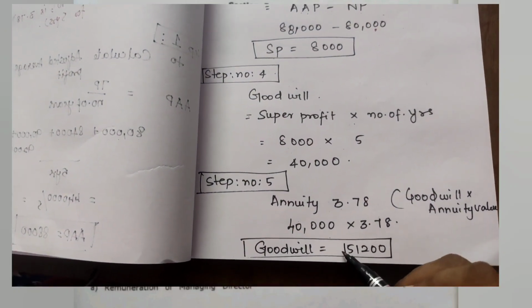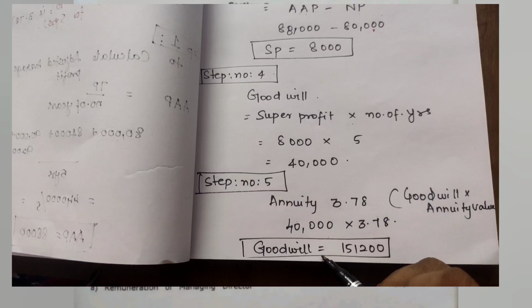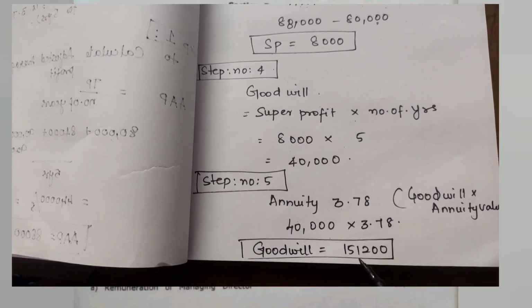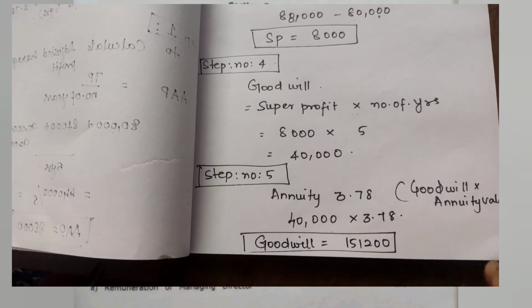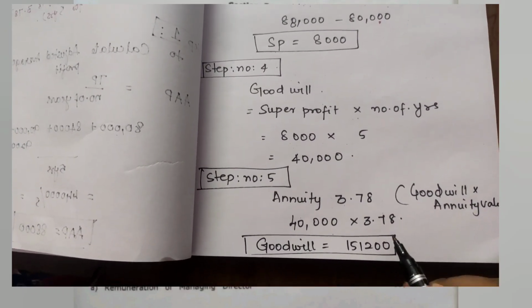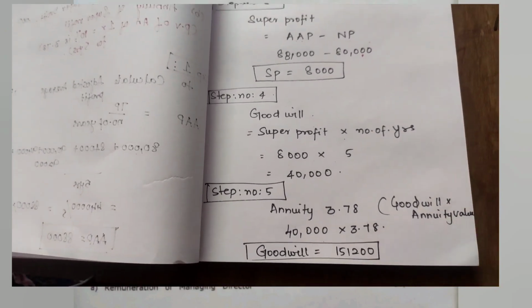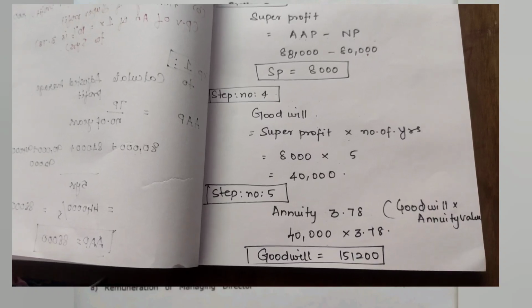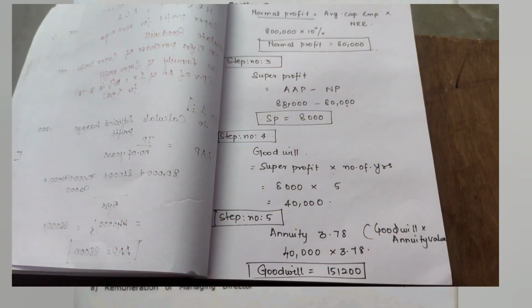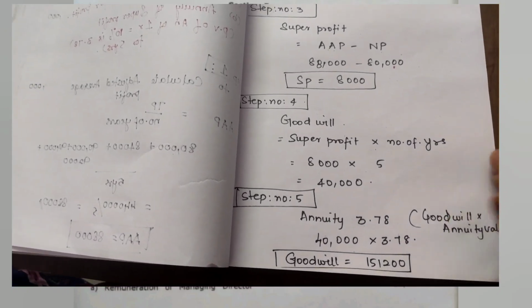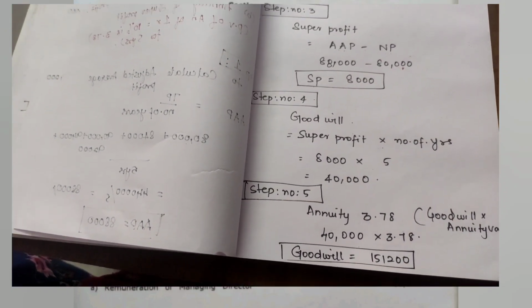When we calculate, we find the goodwill for the next 5 years will be 1,51,200. So this is the goodwill on the basis of our expected next 5 years. So this is what the question answer is. I think this will be helpful.